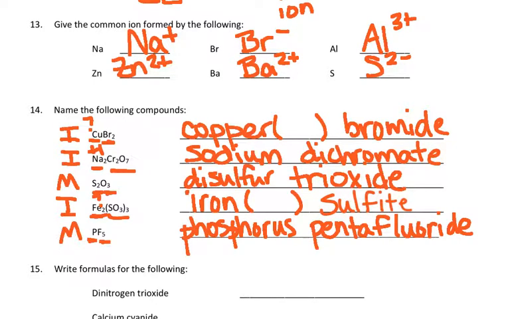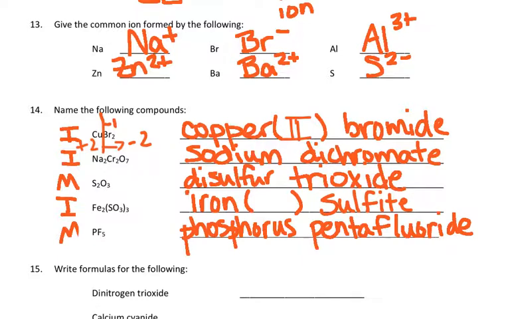So then to find those Roman numeral charges that we kind of skipped over, we have to look at the charge of what is attached to that metal. And so whenever we look at bromine, one bromine would have a charge of -1. And since we have 2 of them, that means this entire half to the right has a charge of -2, which means that everything to the left will have to have a charge of +2. There's only 1 copper, so its charge will be 2.